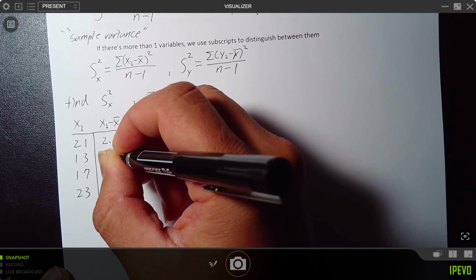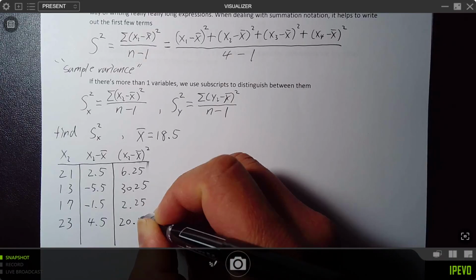Remember your simple arithmetic: when you square anything, it always becomes positive, so you should not have any negative numbers here. Negative 5.5 squared is the same as 5.5 squared, so in your calculator, maybe just leave out the negative altogether. Now, with this column, what I want to do is simply add it up.